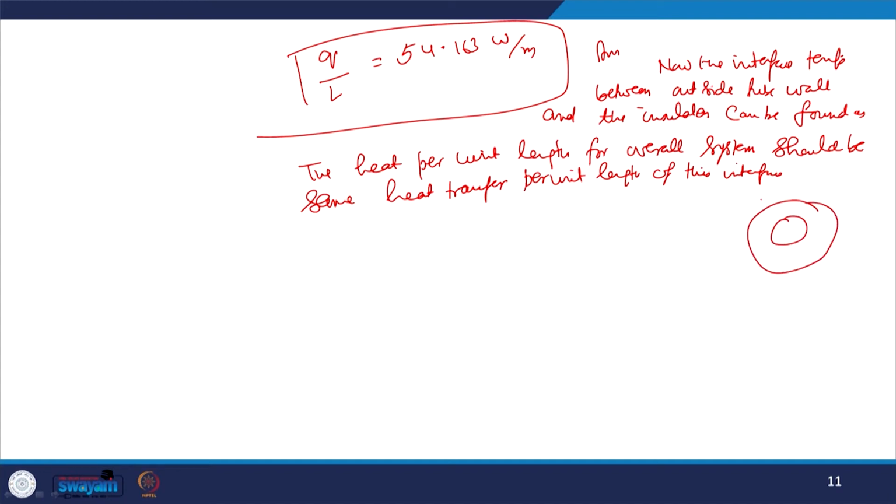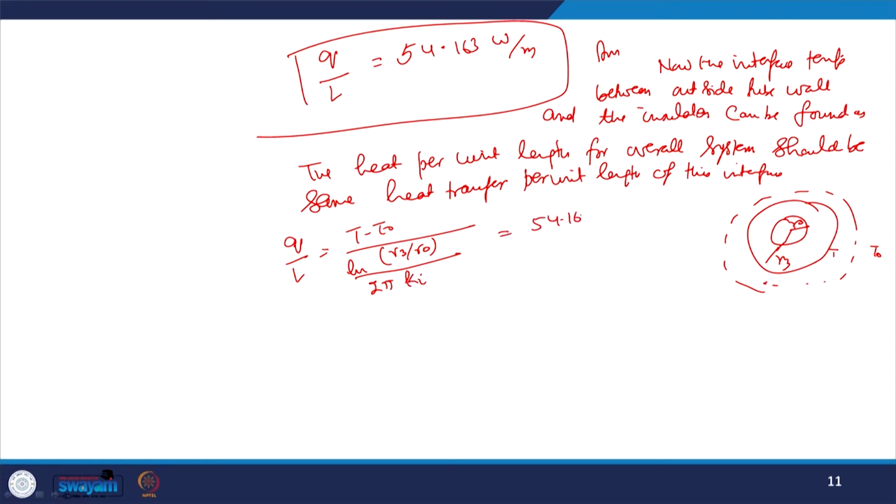So again, coming back to the figure, this is T naught, this is R. Now Q over L is equal to T minus T naught upon ln R3 over R naught upon 2 pi Ki, and that is 54.163, which we have already obtained, equal to T minus 473 upon ln 0.08 over 0.04 upon 2 pi into 0.17.